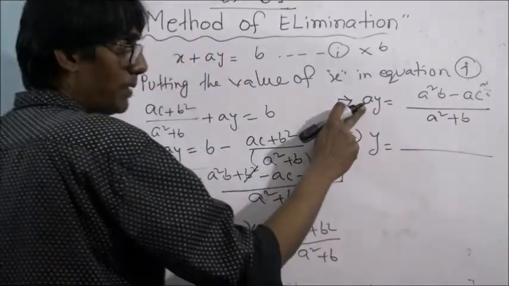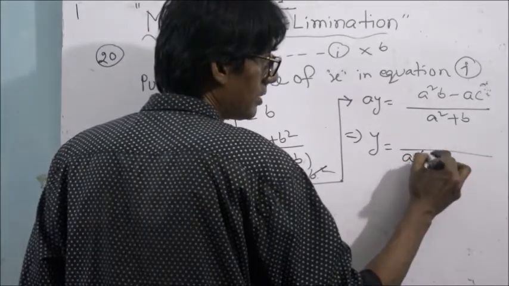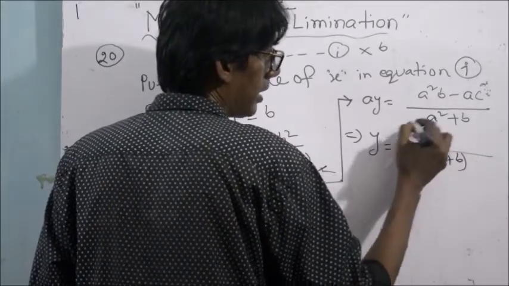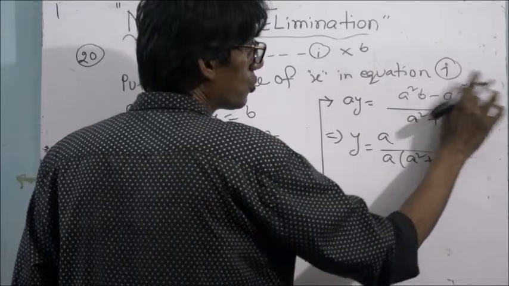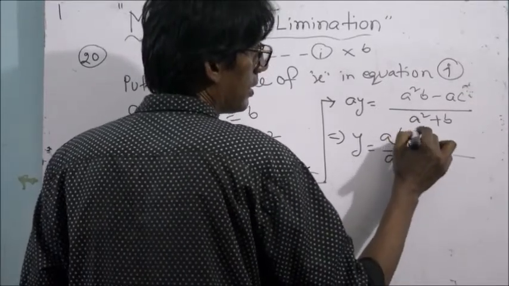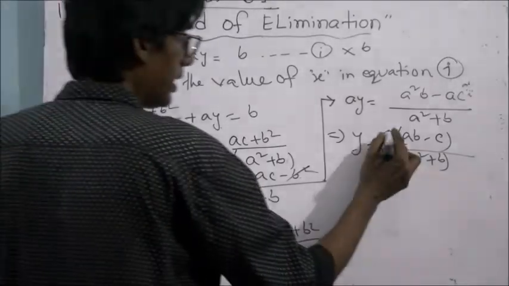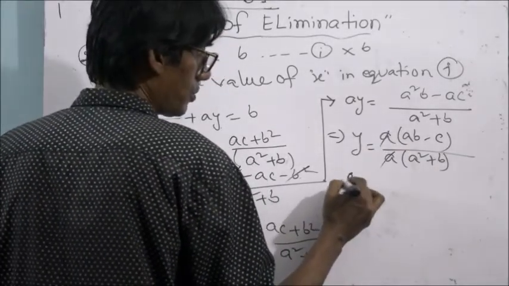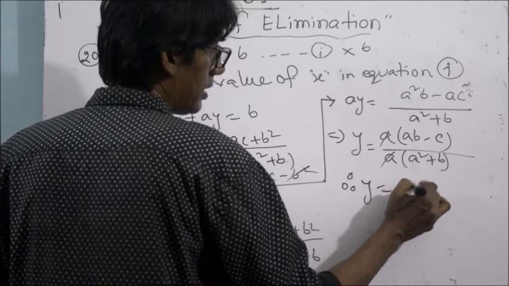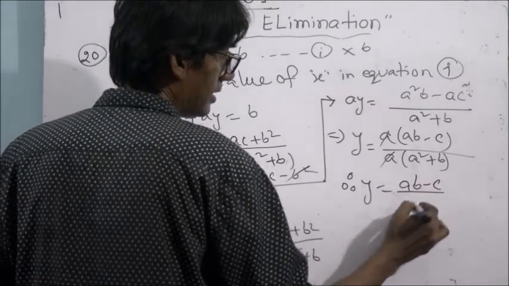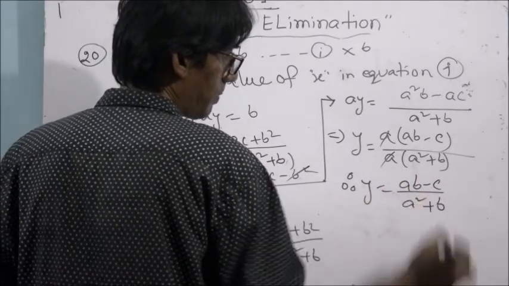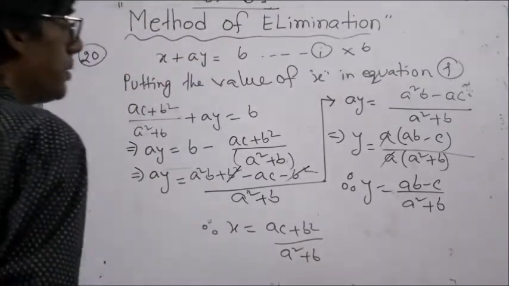Here a is multiplied, so it will be divided here, and here a is common, so (ab minus c). Okay, a is omitted, therefore the value of y equal to (ab minus c) divided by (a square plus b).